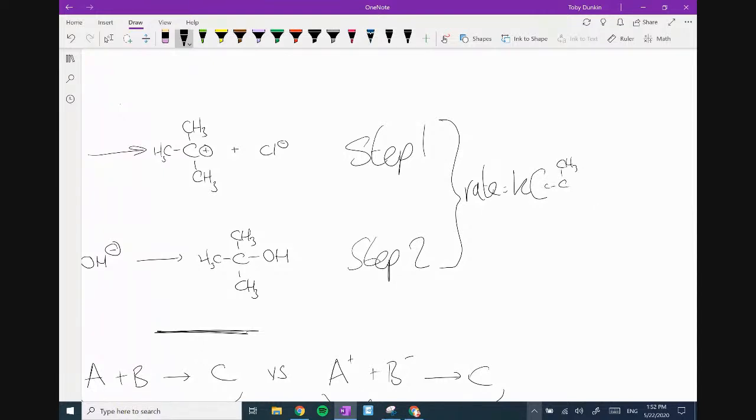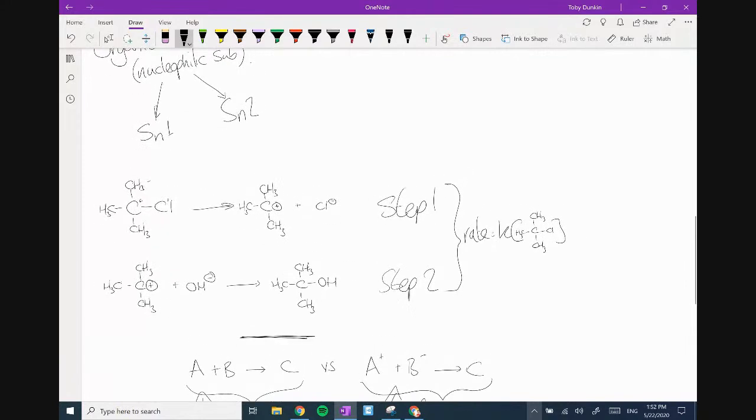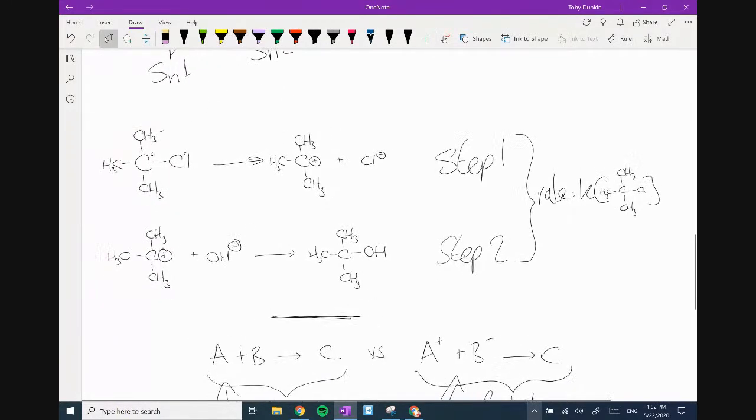It's the only thing that matters. The sodium hydroxide doesn't matter because the second step is so quick. And it's to the power of 1 because there's 1 in it. Isn't that clever? The order matches the ratio in the RDS.